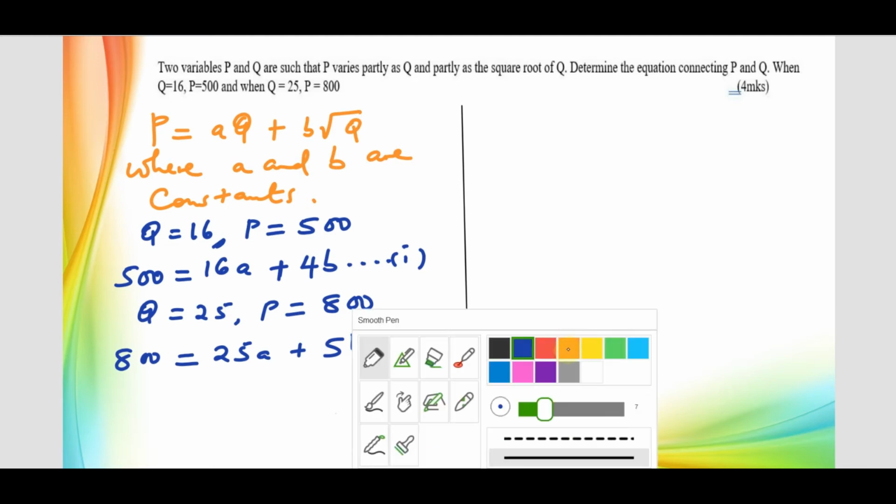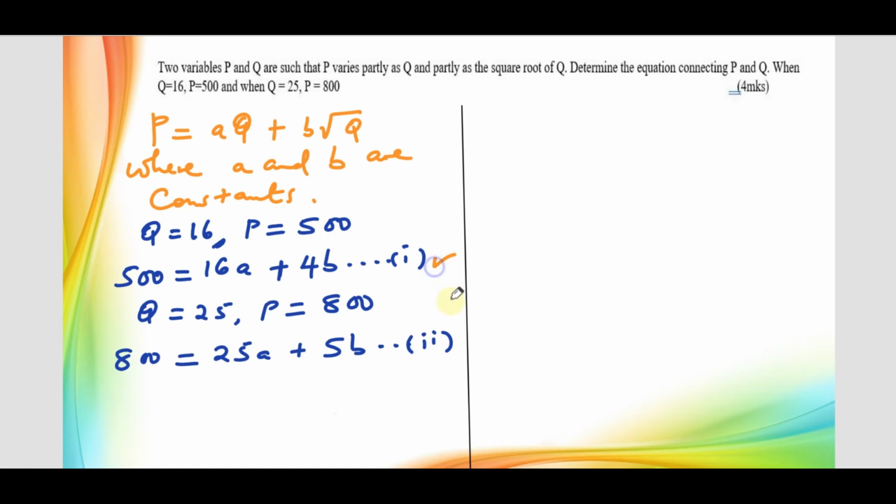So now the next thing will be to solve these two equations simultaneously. So we have 500 is equal to 16a plus 4b, and 800 is equal to 25a plus 5b.